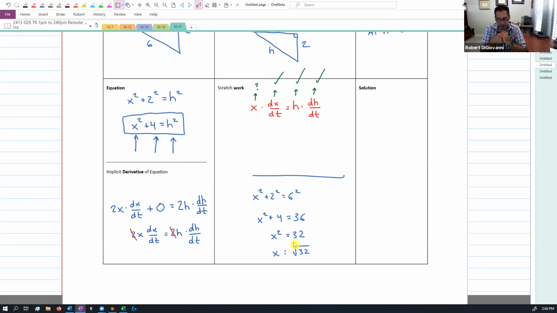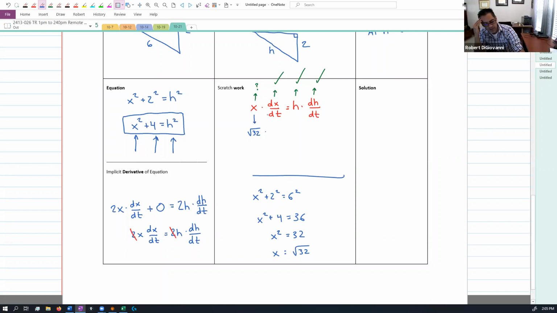I've never been a big fan of simplifying radicals because, yes, the square root of 9 is 3, but the square root of 27 being 3 root 3 really doesn't make a huge difference in the big scheme of things. Simplifying a radical into a smaller radical just leaves you with more radicals. You still have a radical, right? You haven't avoided anything. Okay, so now I replace x with root 32.